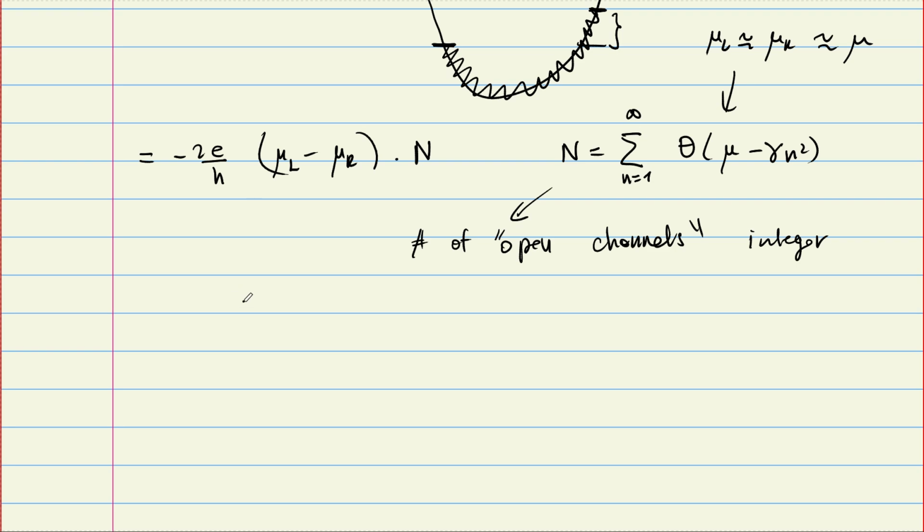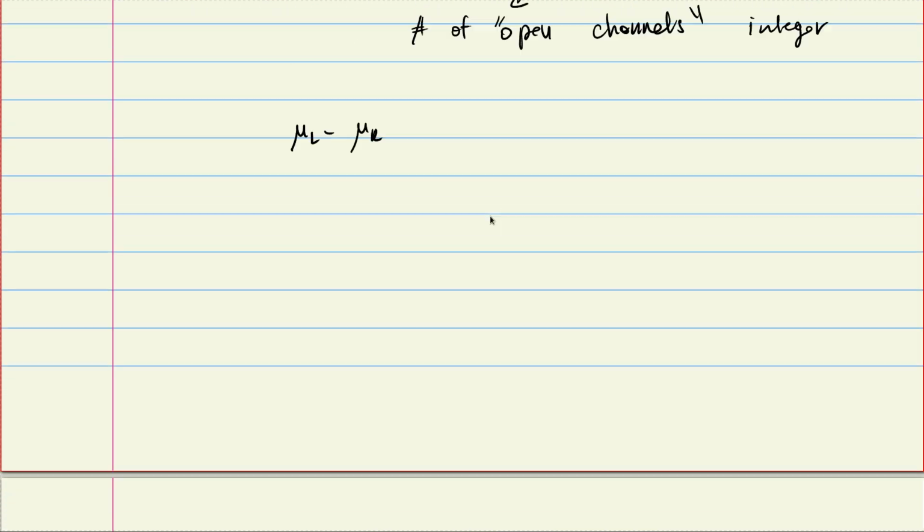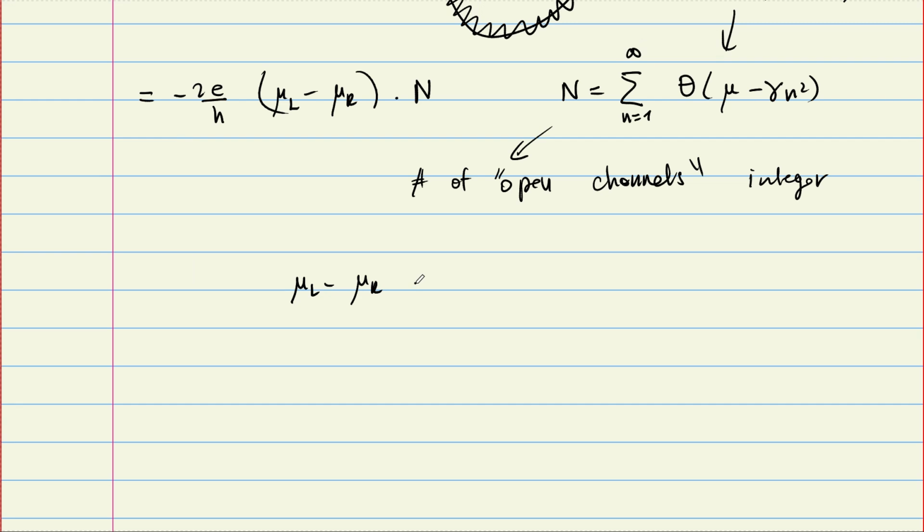Now, for the chemical potential, we are going to use mu left minus mu right. There will be an applied bias here, and the applied bias is going to be the external voltage difference, and that external voltage difference is going to determine the difference between chemical potentials.